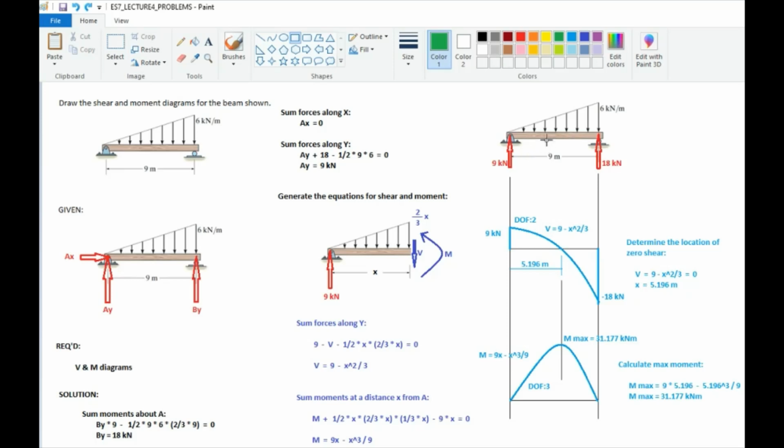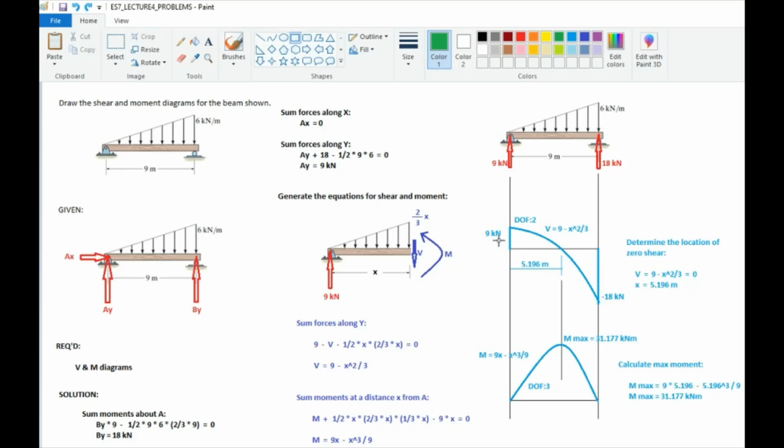To generate the shear and moment diagram, let us redraw the beam, together with the reactions. And so, we have 9 at the left and 18 kN at the right. To proceed in drawing the shear diagram, because of the 9 kN reaction, we have a positive shear of 9, and then we subtract the triangular load.